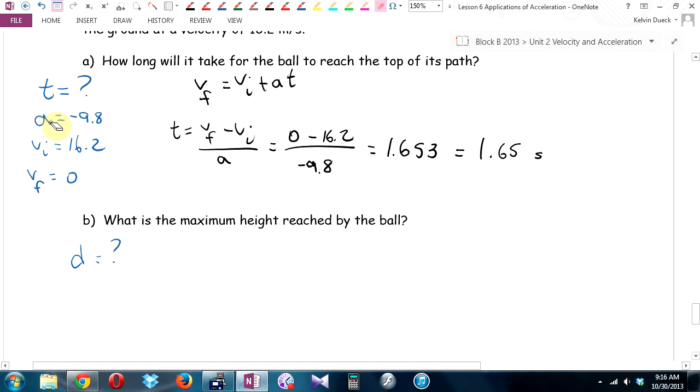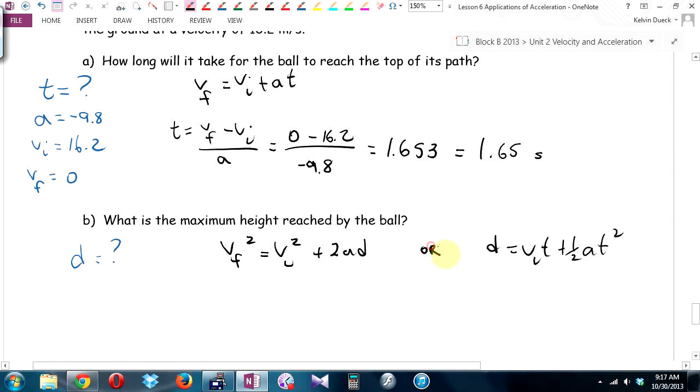I think there is. VF squared equals VI squared plus 2AD. I could use D equals VIT plus a half AT squared, only that would be using the time that I got from part A. I'll probably use that to quickly check my answer later on and see if I'm right, if I have time on the test.